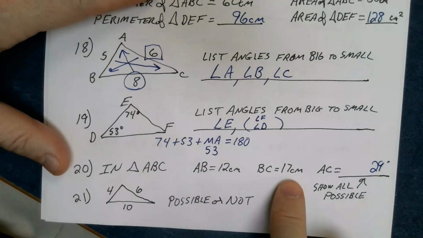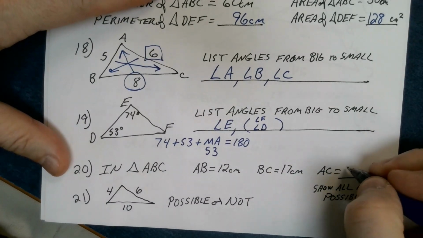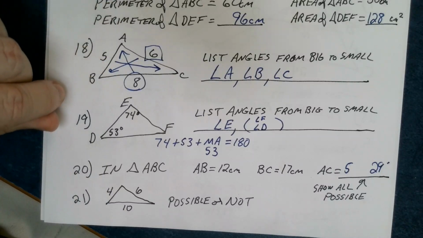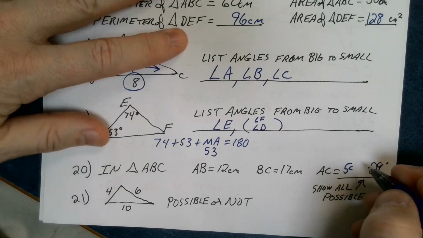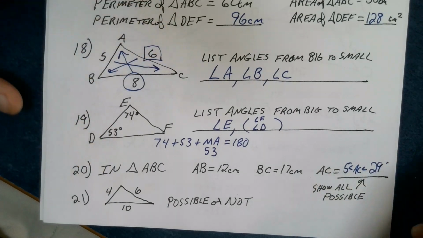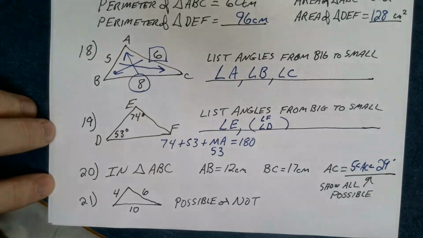I can't have it be bigger than 29 or those two sides won't reach, and that's by adding those two numbers. If I subtract those two numbers, I know that the other side can't be smaller than 5 or they won't reach. So we write 5 is less than AC, which is less than 29.